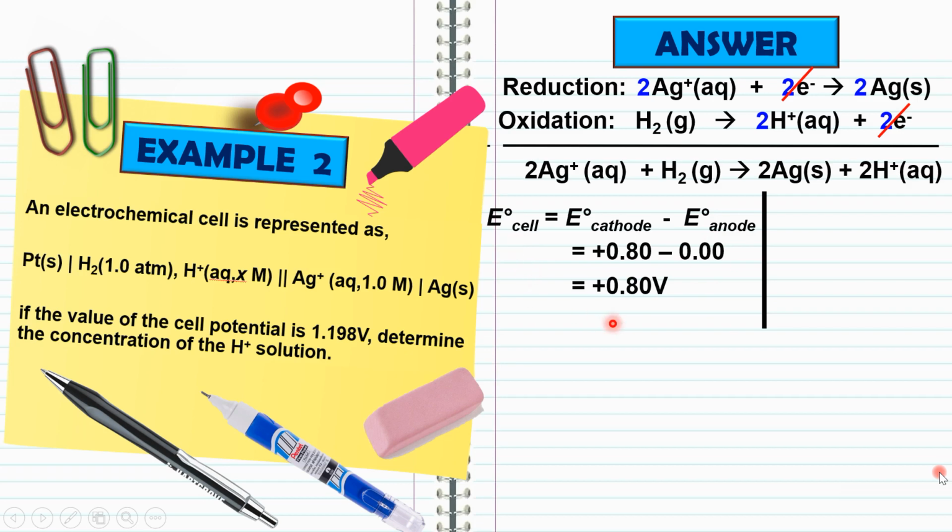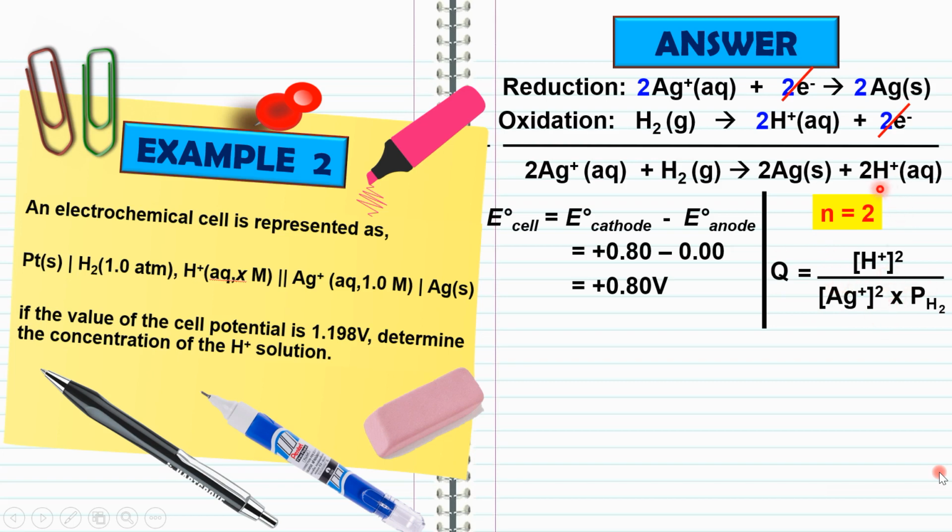You will get E naught cell is equal to positive 0.80 volt. Remember, the positive sign you have to include in your calculation. From this overall equation, we notice that the number of electrons transferred is equal to 2. And this is why you have to write the overall equation, to make it easier for you to write the Q expression, the reaction quotient Q. Remember, concentration of the product divided by concentration of the reactant.